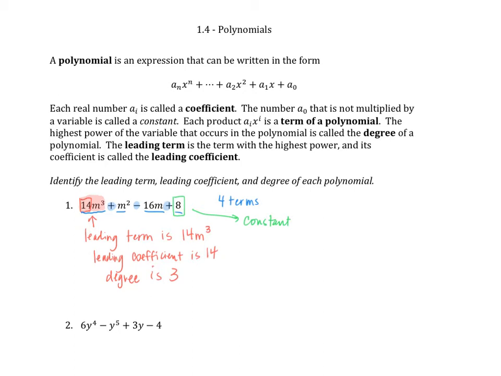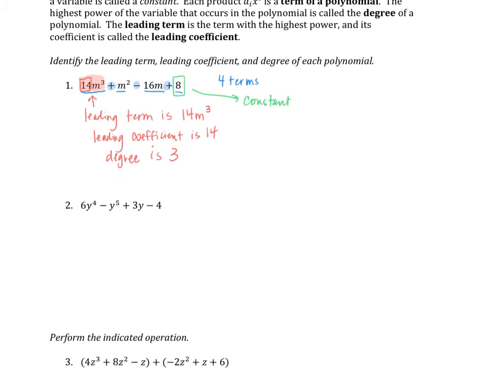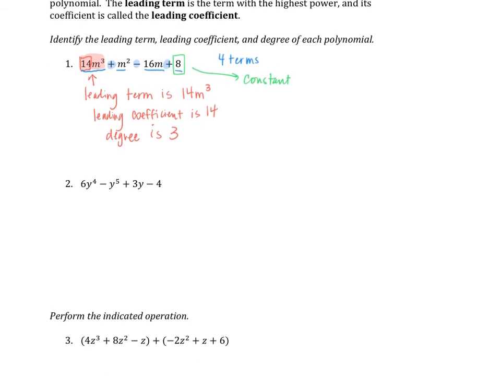Okay, so for number 2, we want to find the leading term, the leading coefficient, and the degree. We first look for the highest exponent. Notice this time the highest exponent is 5. So it's not the one that's first in the polynomial. The leading term is negative y to the 5th.